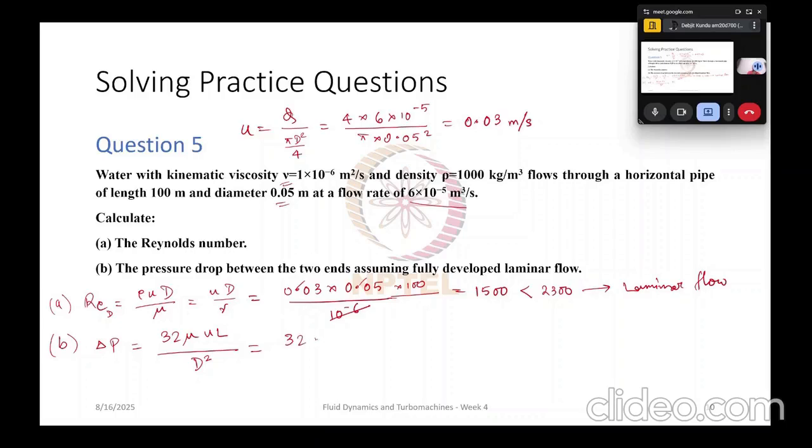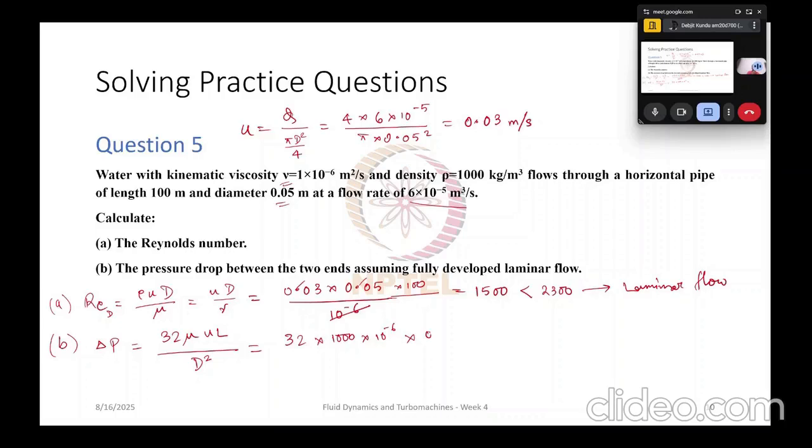So 32 into, mu we need to find out, that is simply rho into nu. So we can write 1000 into 10 power minus 6. That's our mu.